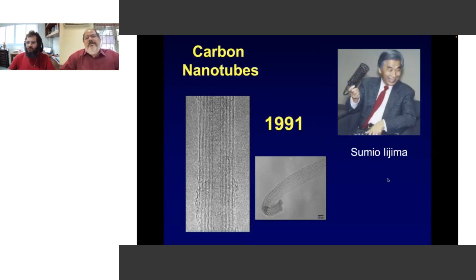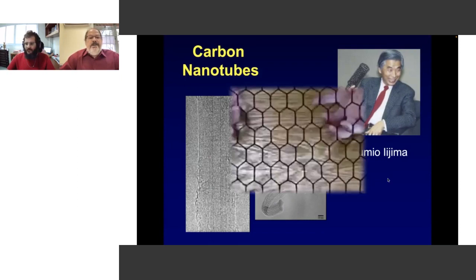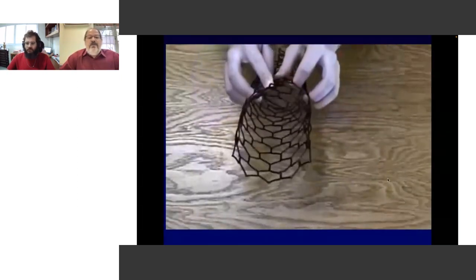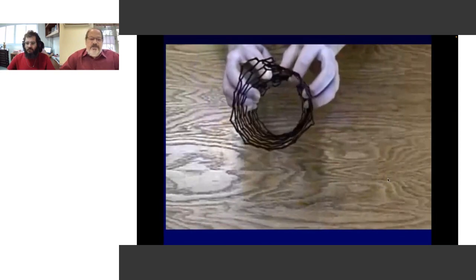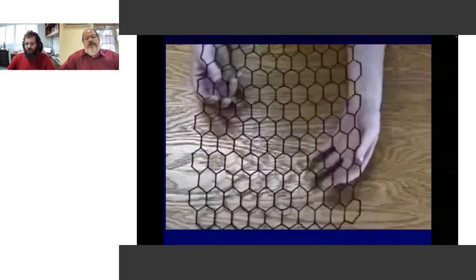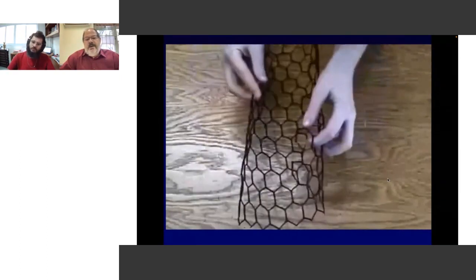Now I will give some examples of how to use these techniques for carbon-based materials. I will start with carbon nanotubes, a very famous nanostructure discovered in 1991, or rediscovered, if you like, by Iijima's group in Japan. But a carbon nanotube is just a single layer of graphite, or graphene, which is a hot topic nowadays, rolled into a cylinder.